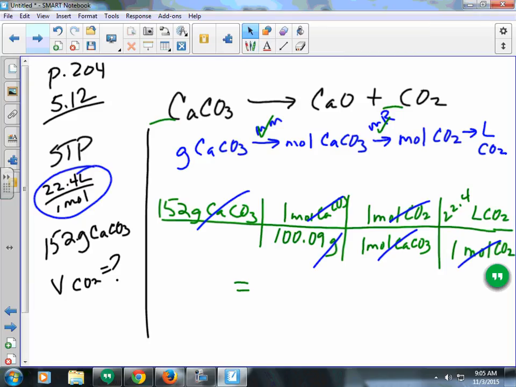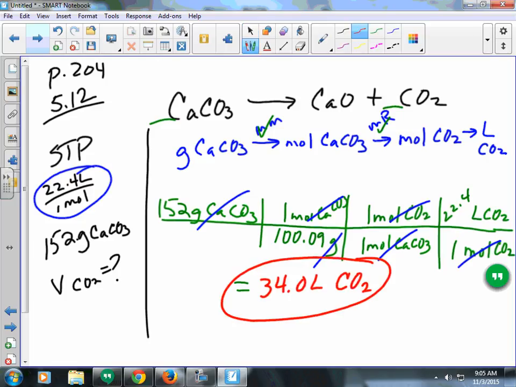We got 3 sig figs. Yeah. 31.1. Okay. So that's not so bad, is it? This is not bad at all.